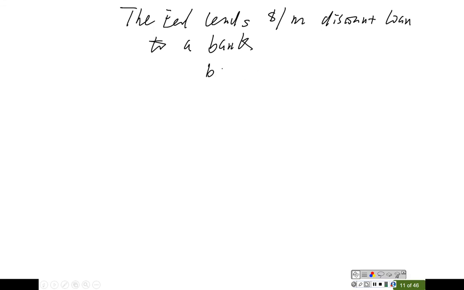First, we can use the T account to show what happened to the commercial bank's balance sheet. Remember, when the Federal Reserve lent a $1 million discount loan to the bank, it means the bank borrowed $1 million from the Federal Reserve, and the borrowing is on the right hand side of the balance sheet.